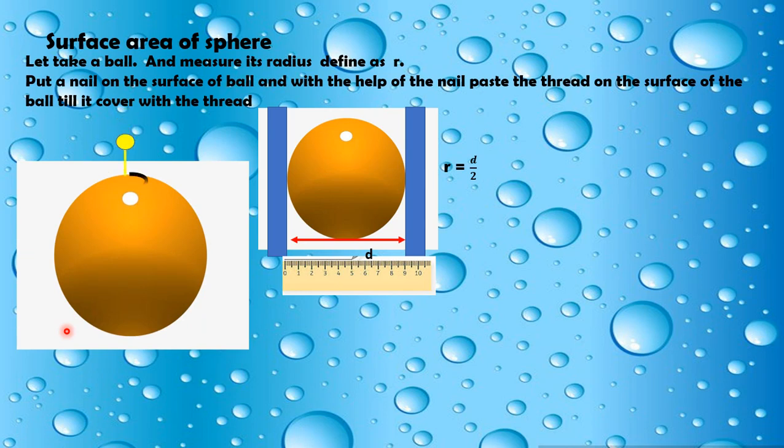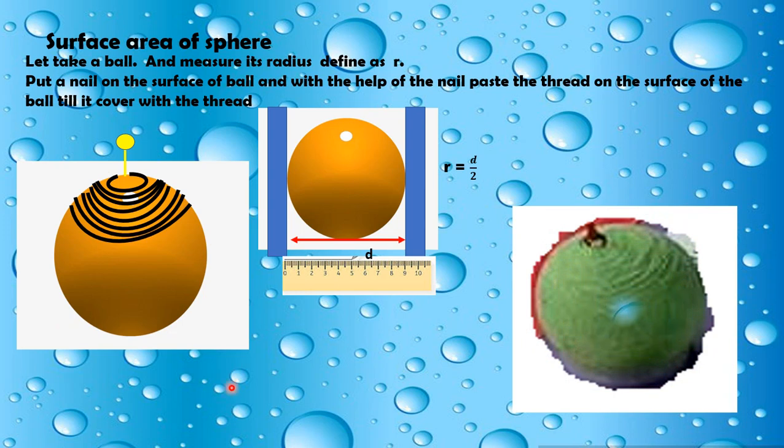Put the nail, paste the threads on the ball in a circular motion so that there is no gap between the threads. When we do this, the ball will look like this.